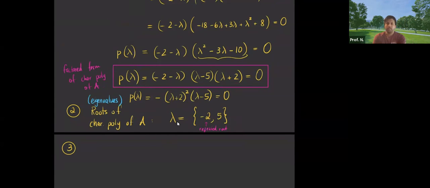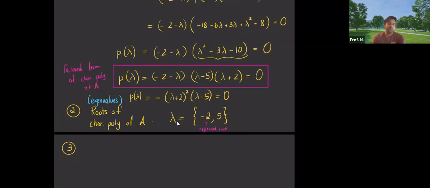But what you will see is that in the next step, we have to find the eigenvectors associated with the eigenvalue. Just to give you a little sneak peek, when you plug the eigenvalue -2 into the A minus lambda I expression, you get a non-invertible matrix.